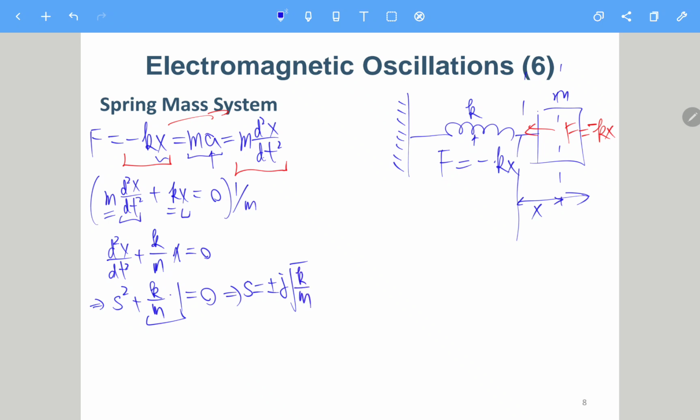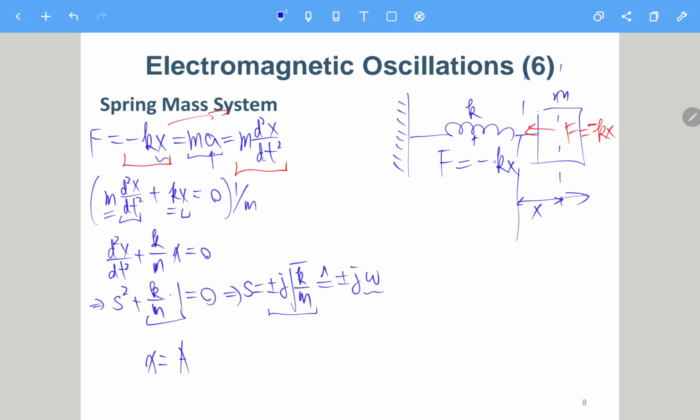So this is the root, and we can define it to be plus or minus j omega. Omega is the oscillation frequency.